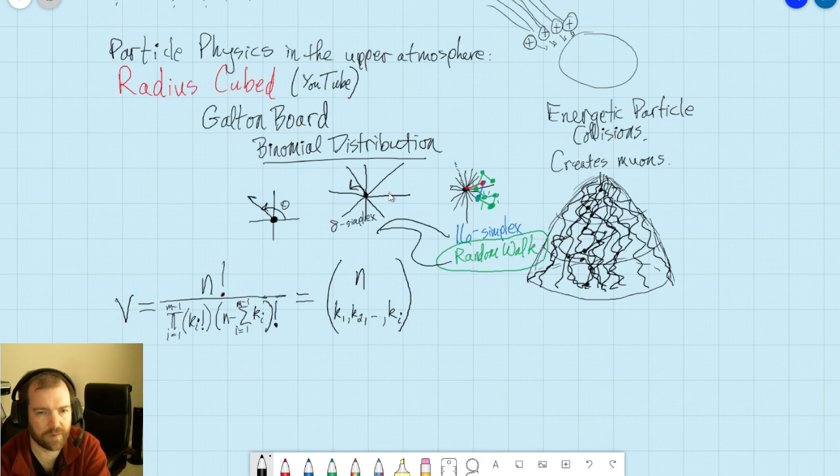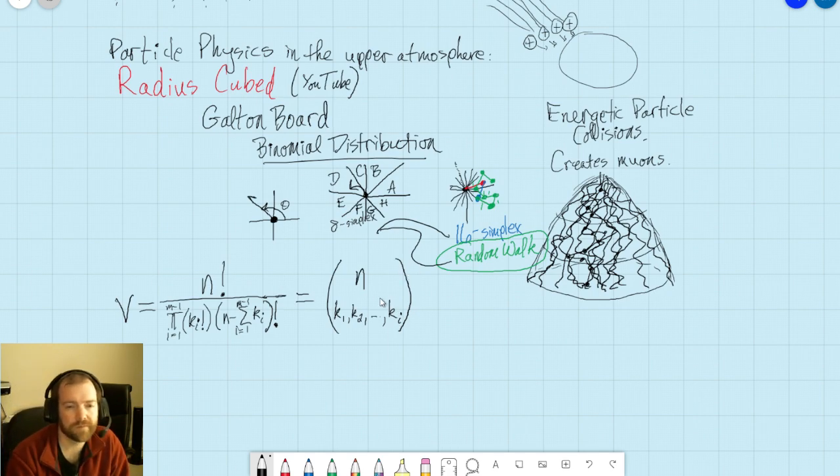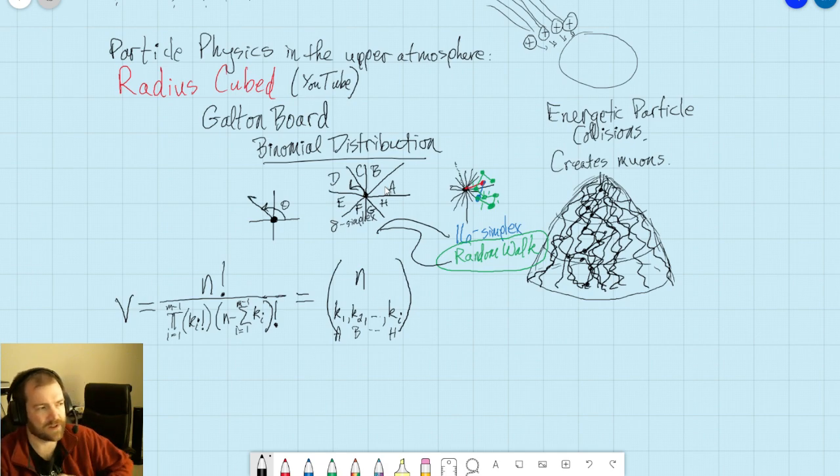Let me do it properly: A, B, C, D, E, F, G, H. So we could label these as K1 is A, K2 is B, all the way out to K sub i in this case would be H. So how many of each of those have we chosen and what layer are we on? Then we could figure out how many different paths there are to get to that particular location.